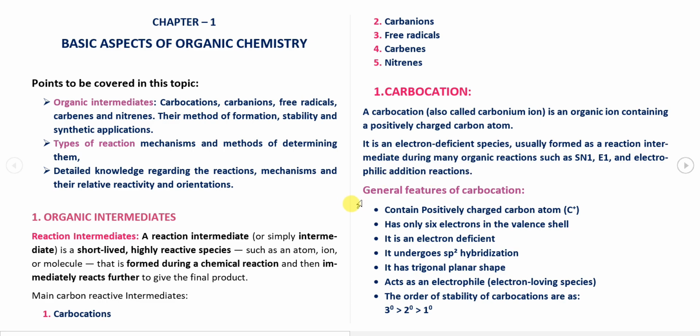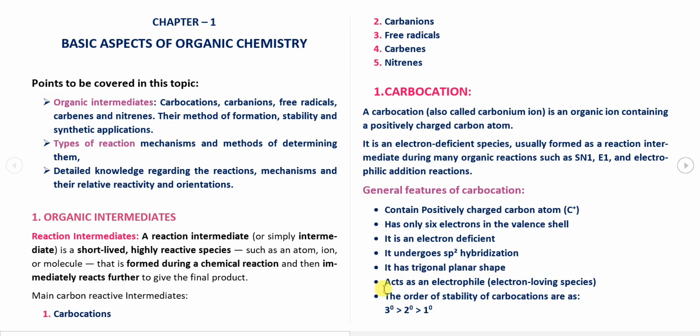SN1 reaction, E1 reaction and even electrophilic addition reactions. Then see the general features of carbocation. The carbocation contains a positively charged carbon atom. It has only 6 electrons in the valency shell. It is electron deficient. It undergoes sp2 hybridization. It has a trigonal planar shape.